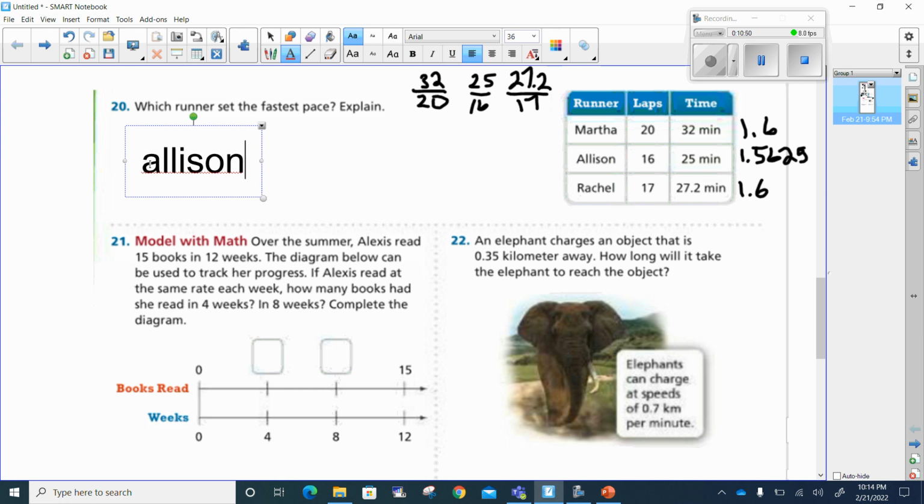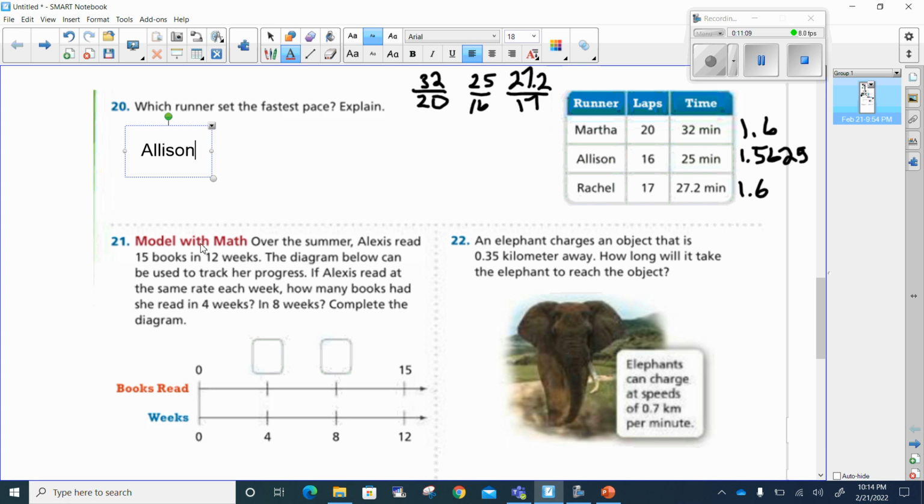Okay. And I guess the reason, let's see here, it does say explain, so we have to show our reasoning for this.